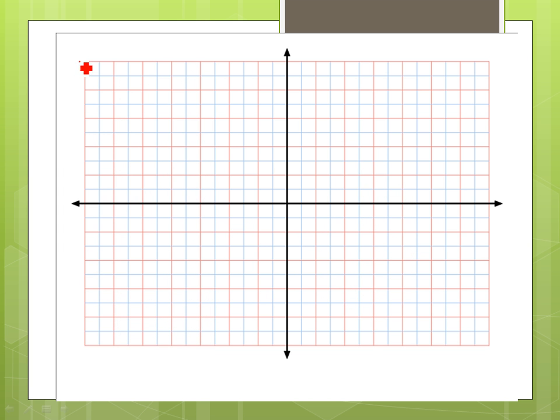Number 5. Looking at number 5. 90 degrees clockwise, so same thing. So we're changing it to Y negative X. That's J. V. And then 2, negative 4 is K. Triangle looks something like that.